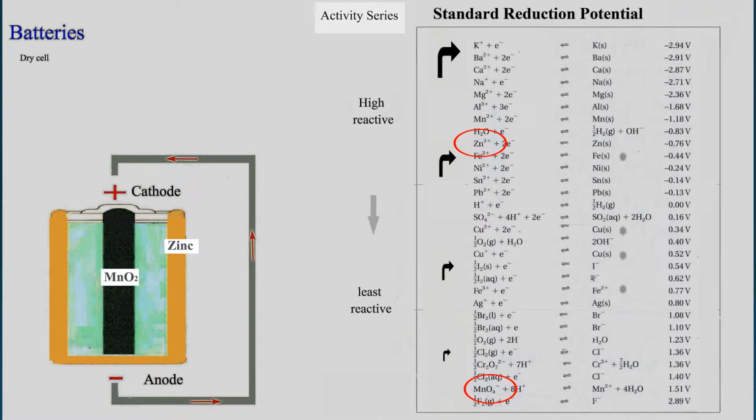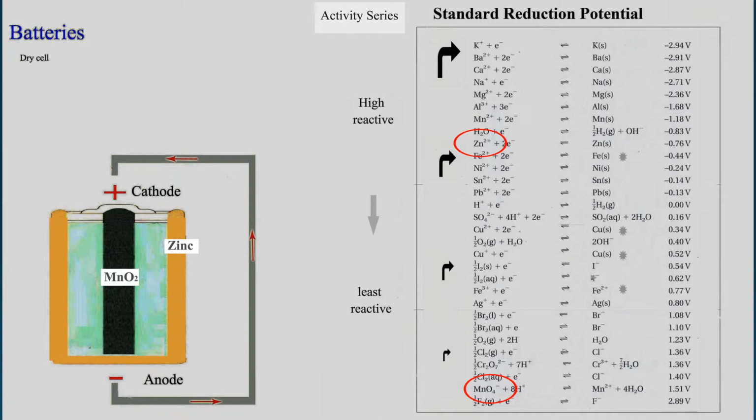Yes, you can choose something even more reactive, but keep in mind, I'm going to use it once and throw it away. So I prefer something plentiful and cheap. Zinc satisfies this criteria. It is plentiful, yet very reactive.